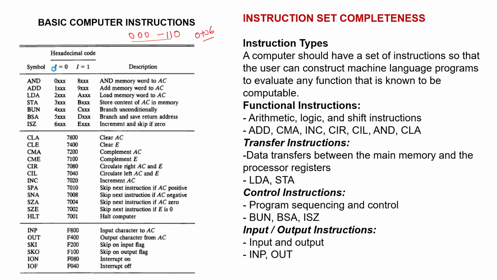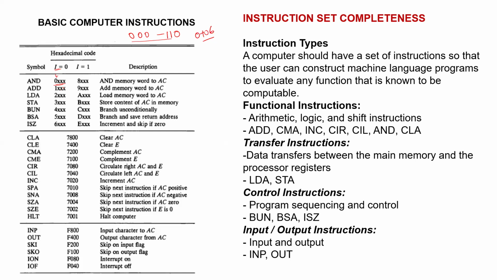You see that I equal to 0 shows the direct addressing mode. I equal to 1 shows the indirect addressing mode. Here hexadecimal code is used, so each bit combination here has 4 bits. Like this, we have a total of 16 bits here.